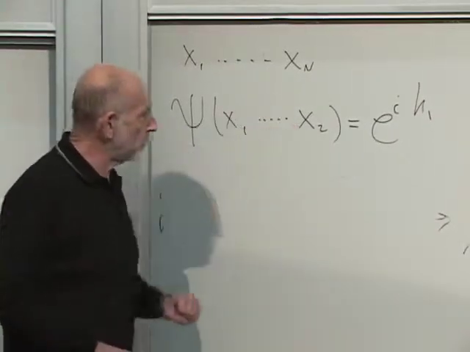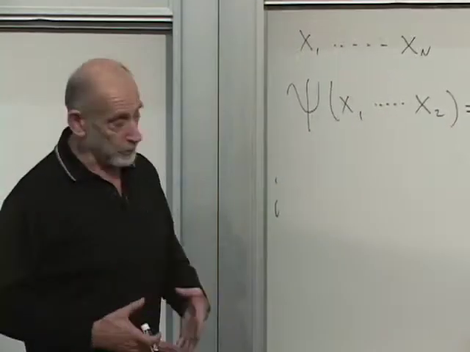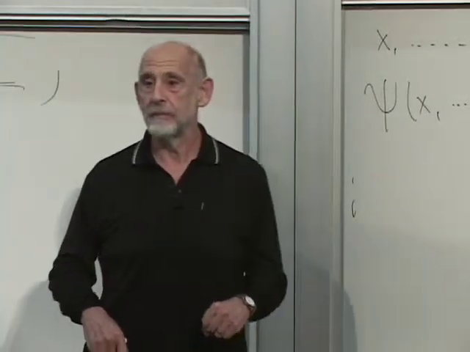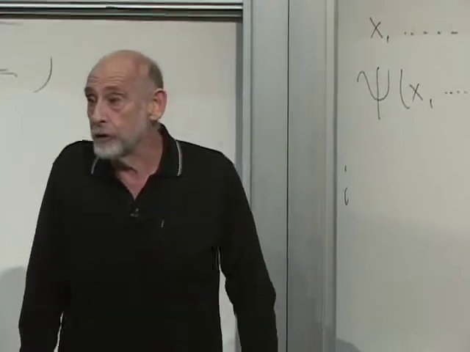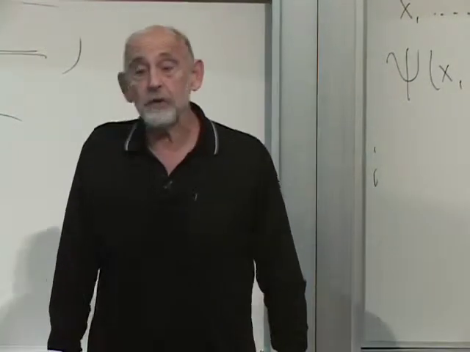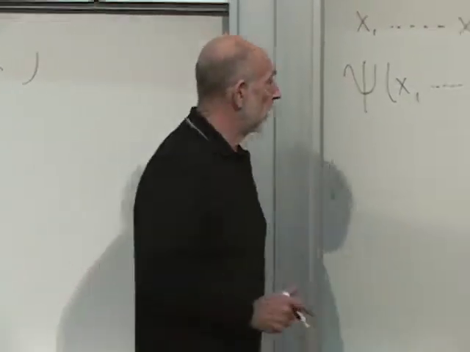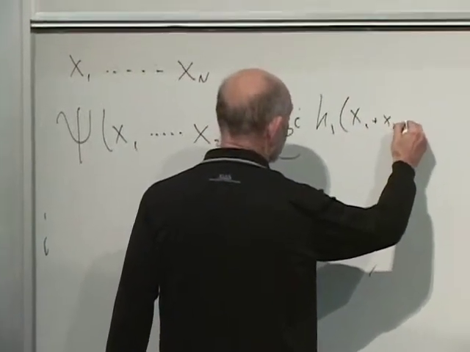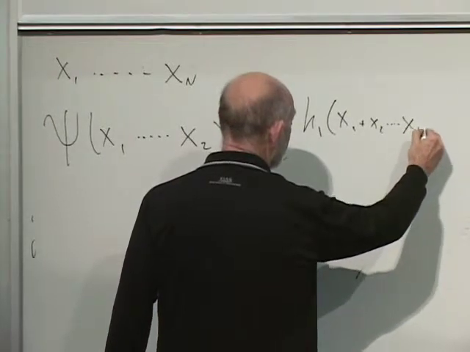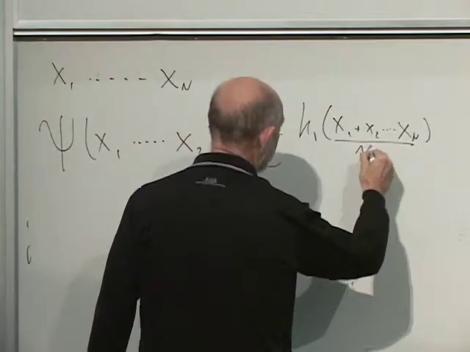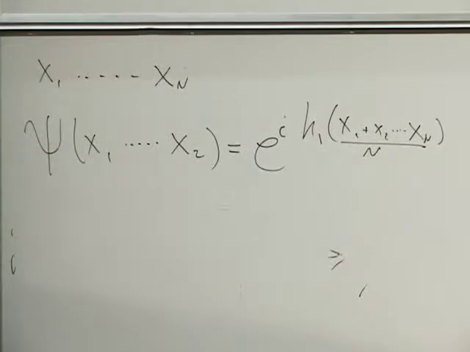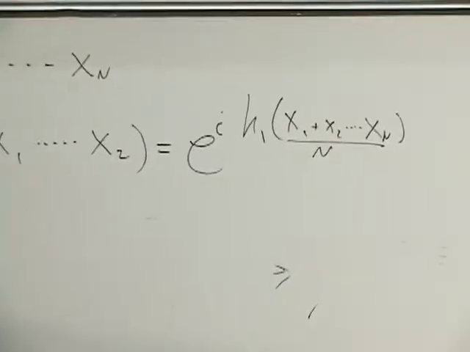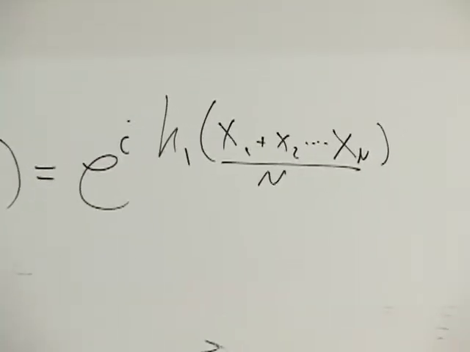So what is the center of mass position? What's the center of mass position of these points? It's the average position, the sum of the x's divided by n. So you have x1 plus x2, dot, dot, dot, up to xn divided by n. That factor, and that factor alone, tells you that this initial particle here had momentum k1.